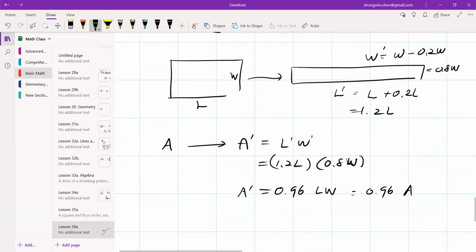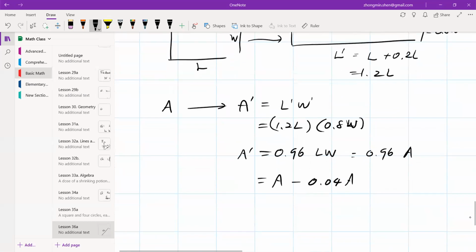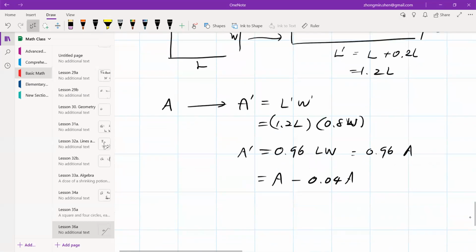Smaller, okay? Smaller. You can also write it as A minus 0.04A. So this is the decreasing part. Okay, 1 minus 0.04 is going to be 0.96. So decreased by 4%. Okay.